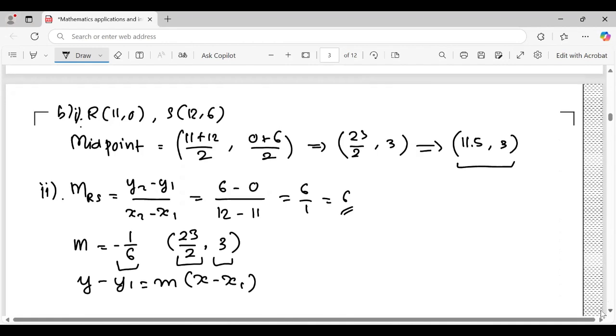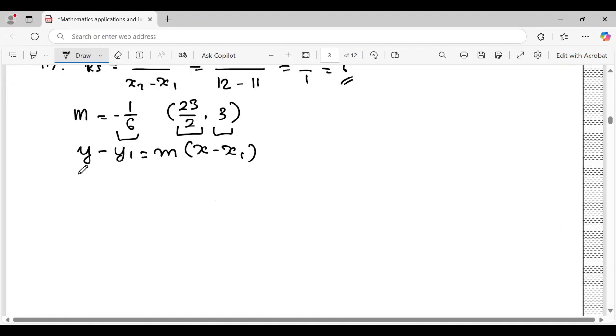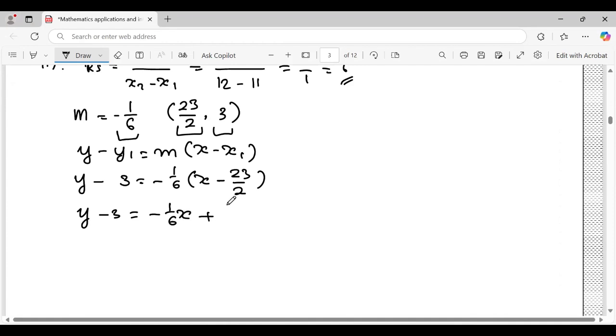Substitute into the equation: y minus 3 equals minus 1 over 6 times (x minus 23 over 2). Then it becomes y minus 3 equals minus 1 over 6 x plus 23 over 12, because 6 times 2 is 12.